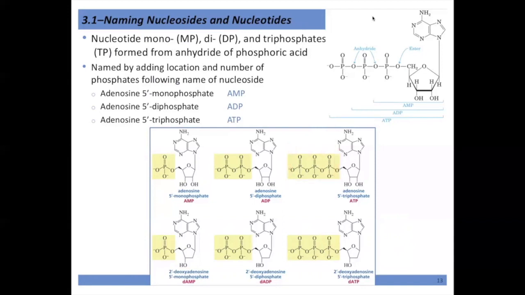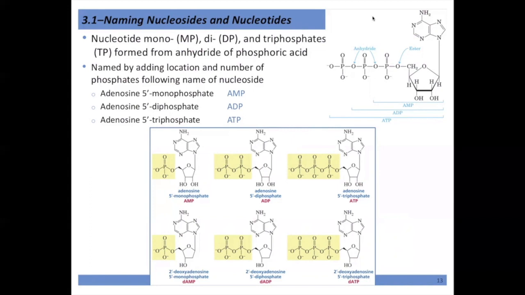And since I am not indicating that it's deoxy, it's a ribose sugar. If I said dATP, deoxyadenosine triphosphate, then I know it would be this nucleotide right there. And so the difference between ATP, ADP, and AMP is simply the number of phosphates.